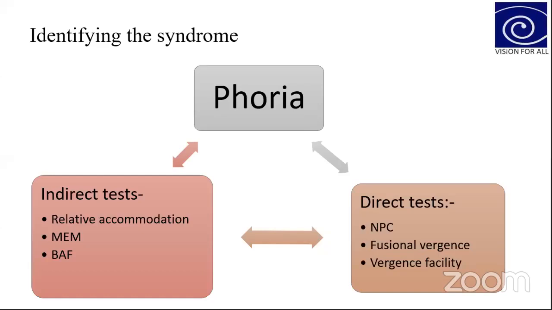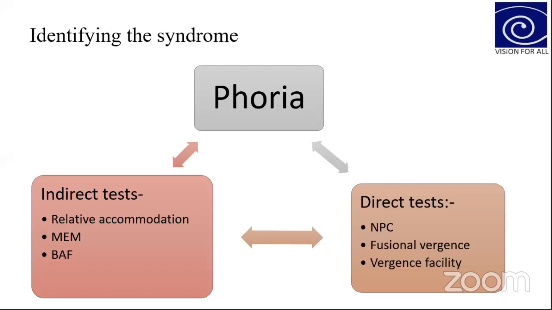Before going to the direct and indirect tests, we have to be clear about these tests. The direct tests give you the direct measurement of vergence, like near point of convergence, fusional vergence, that may be negative fusional vergence and positive fusional vergence, and also vergence facility.